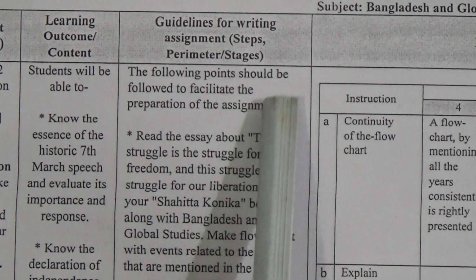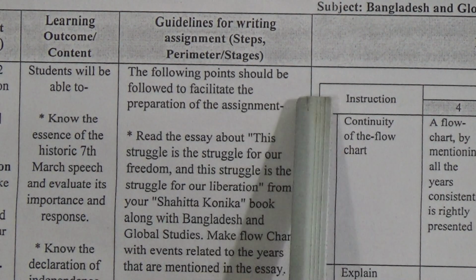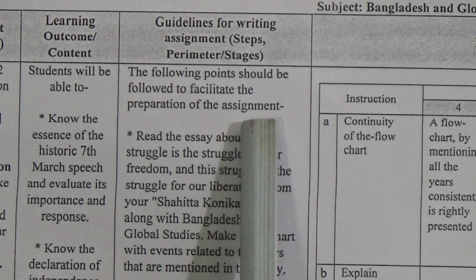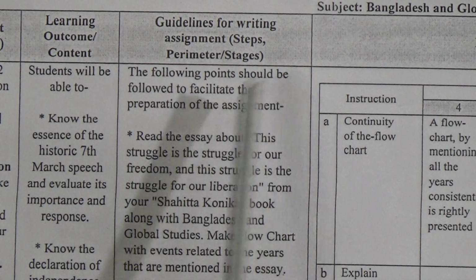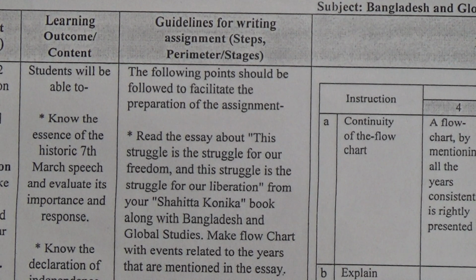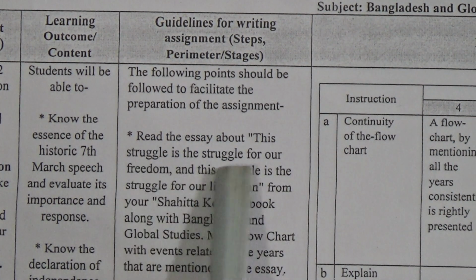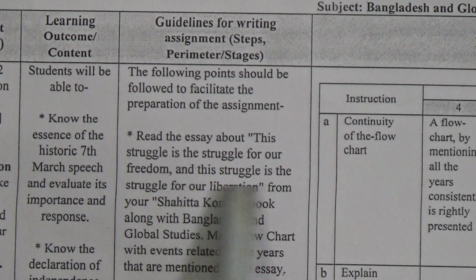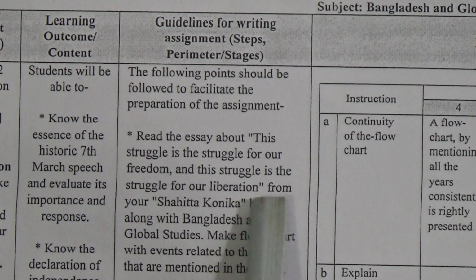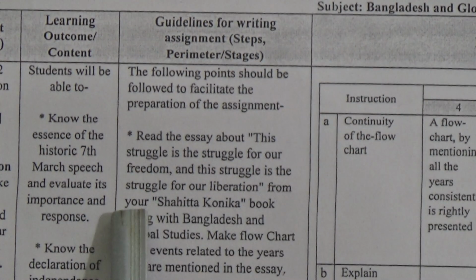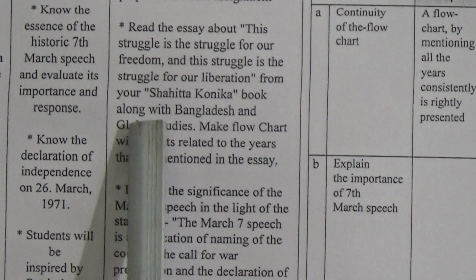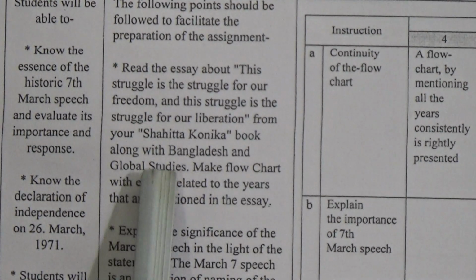The following points should be followed to facilitate the preparation of the assignment. You have to follow these 3 steps in writing your assignment. What are these? Let's see. You have to read the essay about this struggle is the struggle for our freedom and this struggle is the struggle for our liberation from your Sahitya Konika book along with the Bangladesh and Global Studies book.